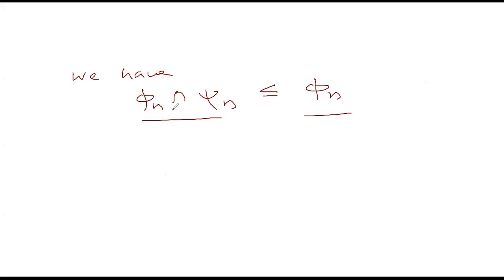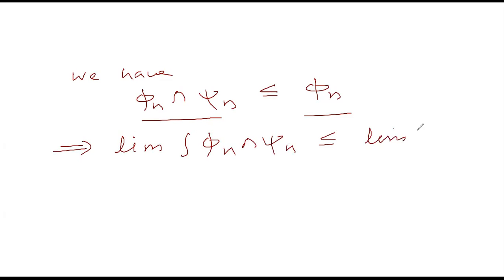So the integral of phi n meet psi n is less or equal to the integral of phi n. Then we take the limits. But this limit is finite because it is a generating sequence for f. So that means this limit is also finite.